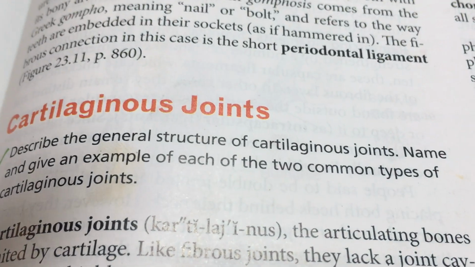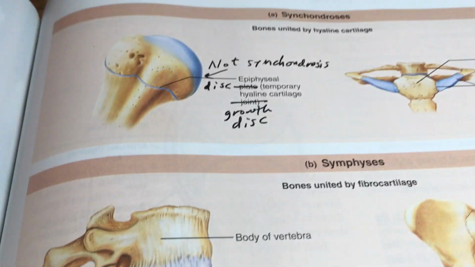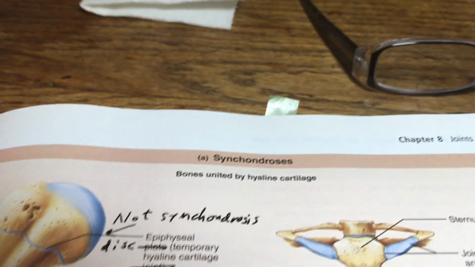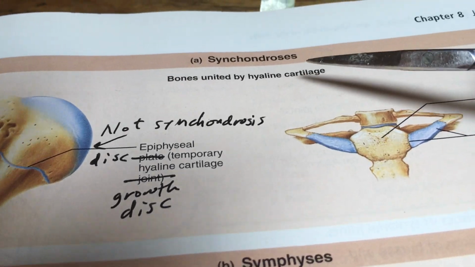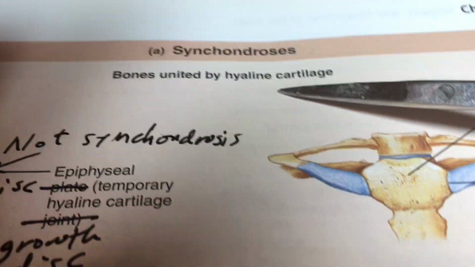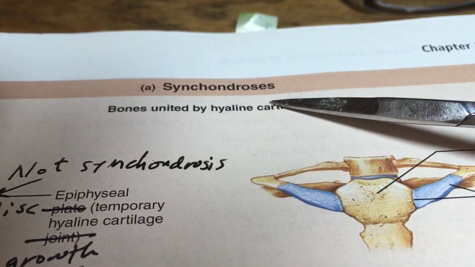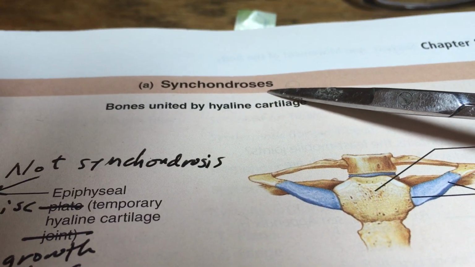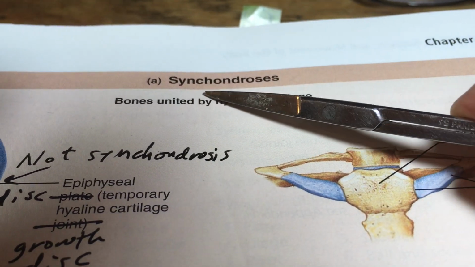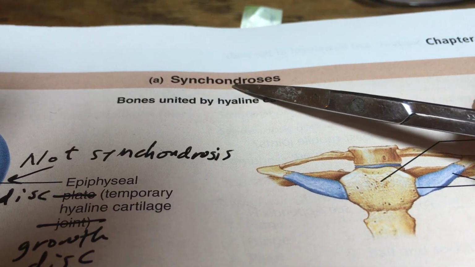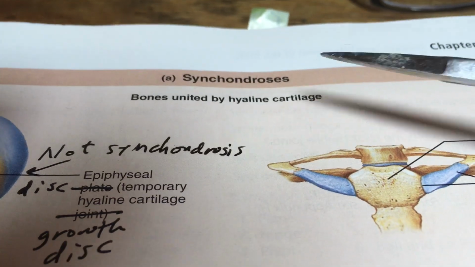Then we move on to the cartilaginous joints. And the first one that they're presenting here is a little bit bogus, and so we're not going to take it seriously. It's an undergraduate text here, so we're just going to pass over that in silence. But at any rate, a synchondrosis, not to be confused with a syndesmosis, which is fibrous. This is a synchondrosis, chondro being the root of cartilage right there.